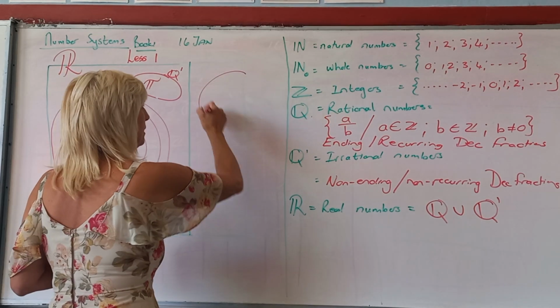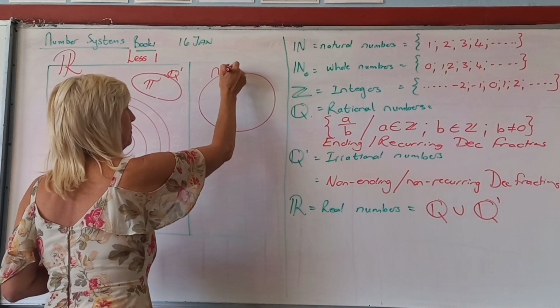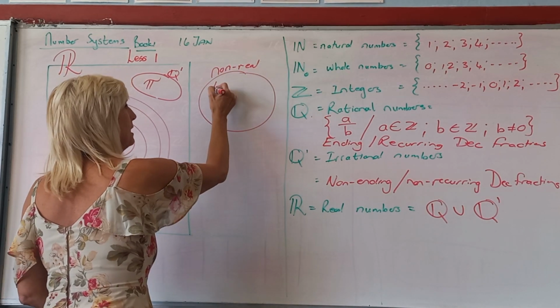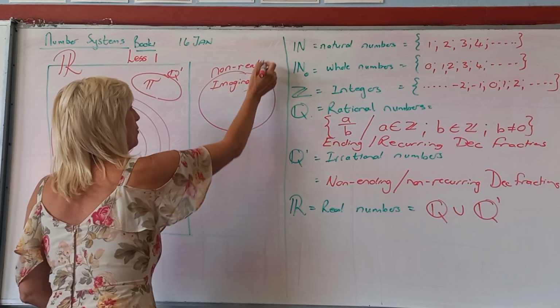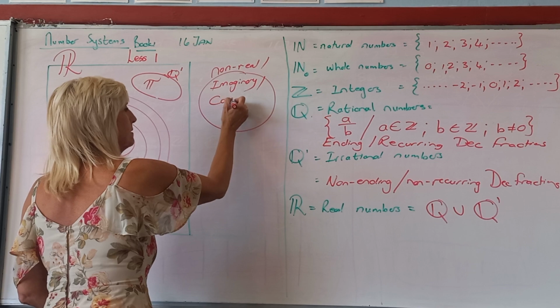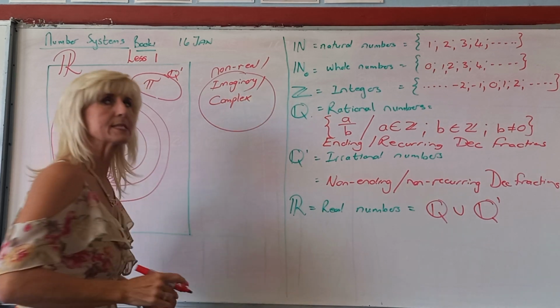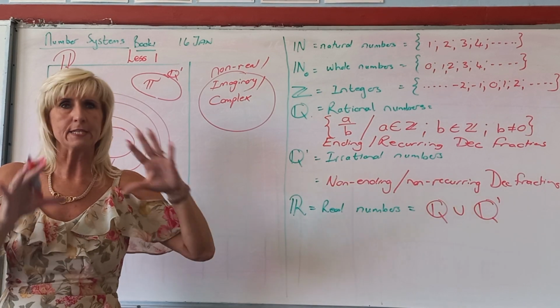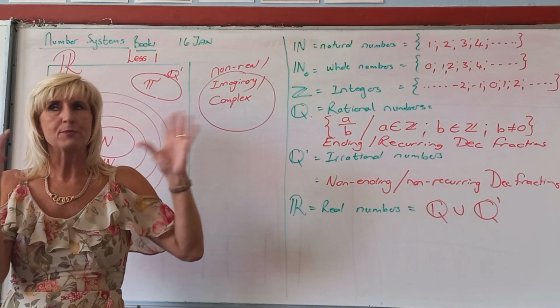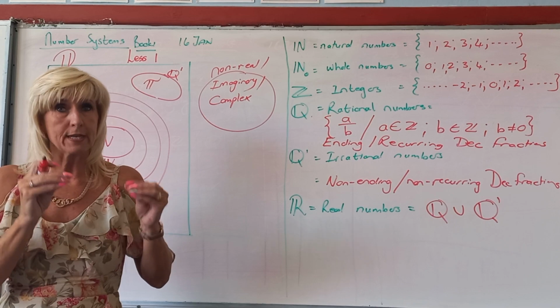So the non-real number system, or the imaginary number system, or the complex number system, is something that you'll only hear about when you go off to school and still study maths. It's very abstract. Right, there are such things.